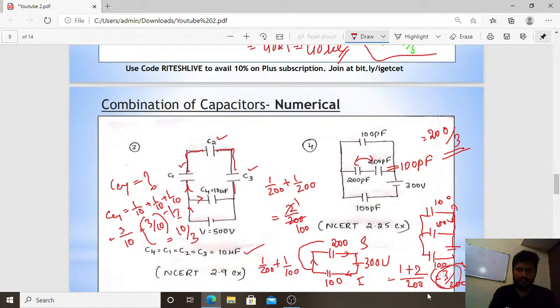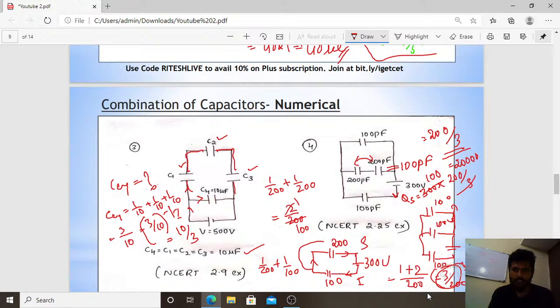So how can I find Q1, Q2, Q3? You know, right? First you try to get the answer of QS here. QS is nothing but 300 into the equivalent, that is 200 divided by 3. 3 ones are 300, so the answer will be 20,000 again.